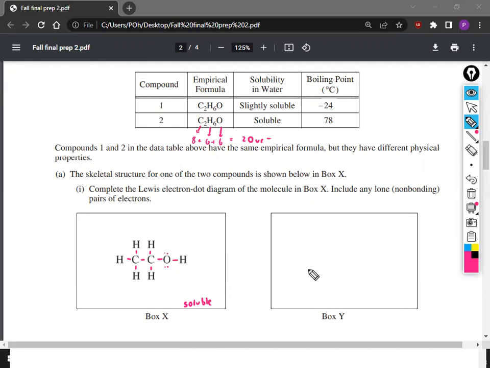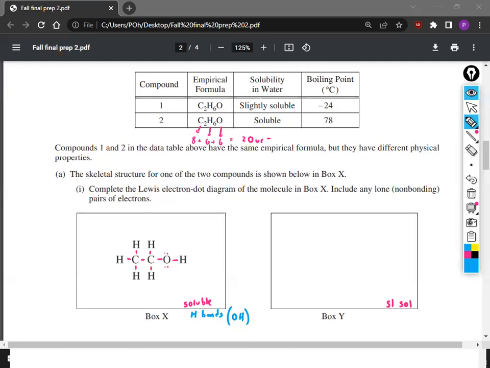All right. Box Y. So that means box Y has to be the one that is slightly soluble, right? So we need to create a structure where it's not completely soluble. Now, if you guys take a look at 1, what makes this very soluble? Hydrogen bonds. Yeah, H bonds. H bonds will form between the OH, right?